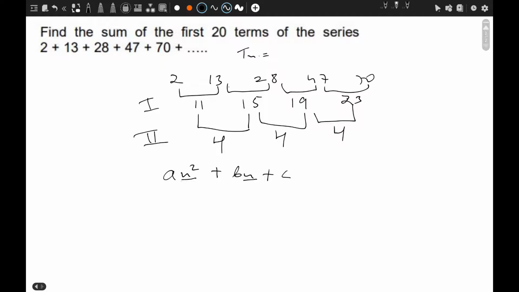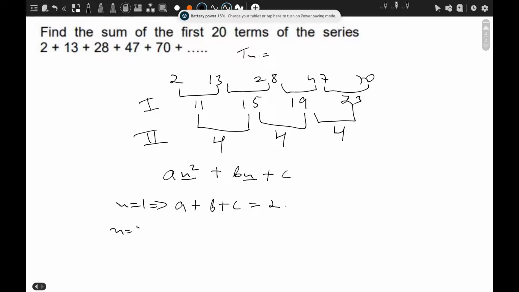If we put n as 1, we get a plus b plus c equals the first term, that is 2. If we put n as 2, we get 4a plus 2b plus c equals the second term, that is 13.